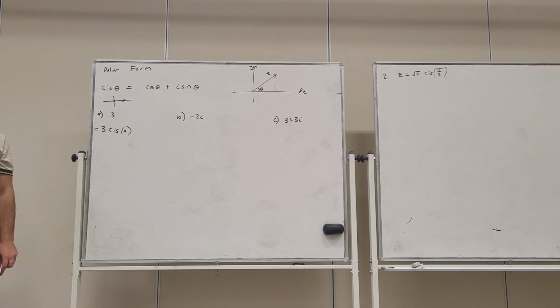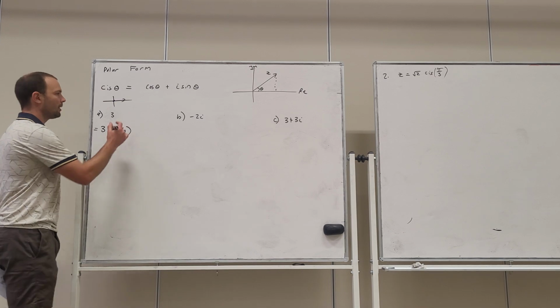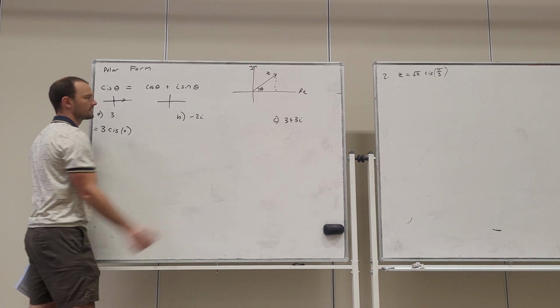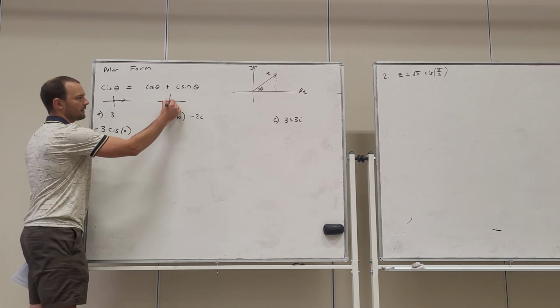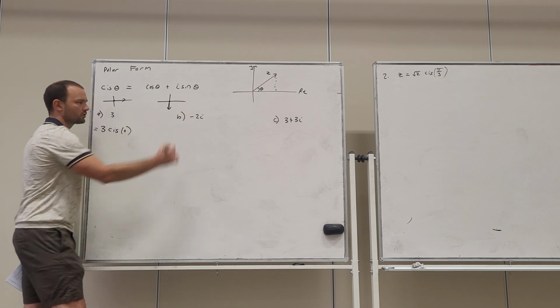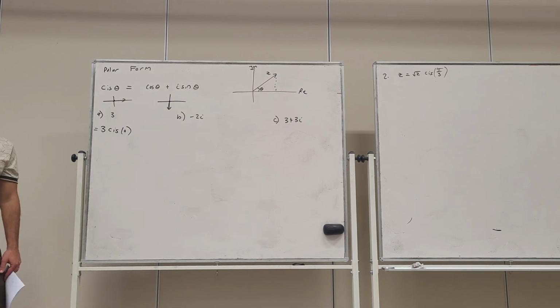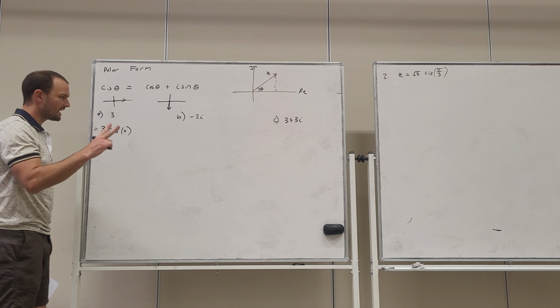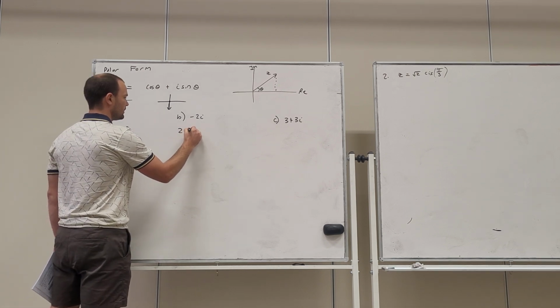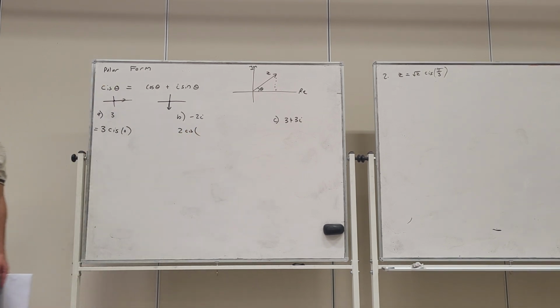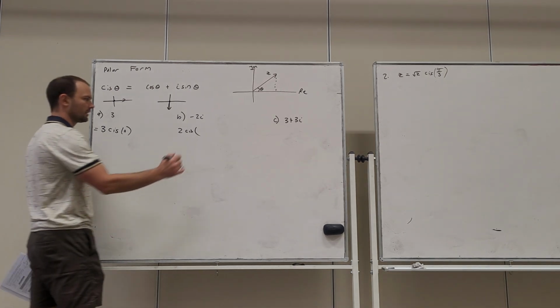In B, we've got minus 2i. So again, consider our Argand diagram. That's going straight down the imaginary axis 2 units. Now the modulus always has to be positive, so it's going to be 2 cis, and our angle, there's 2 ways we could write it.